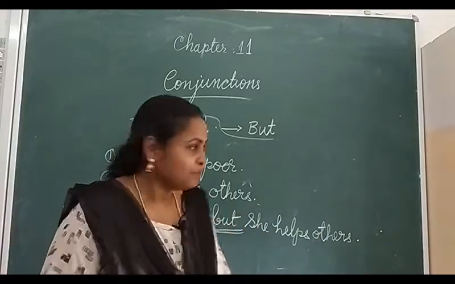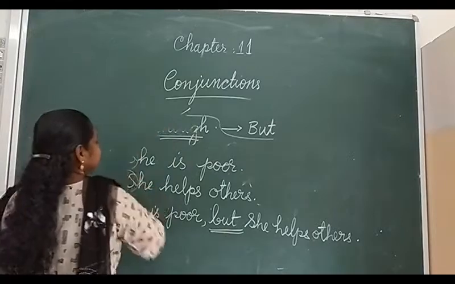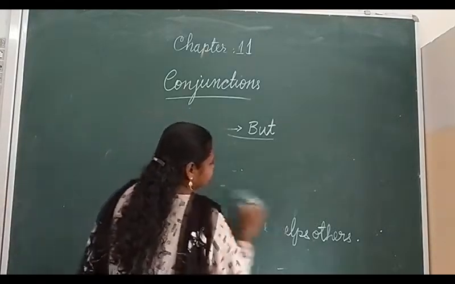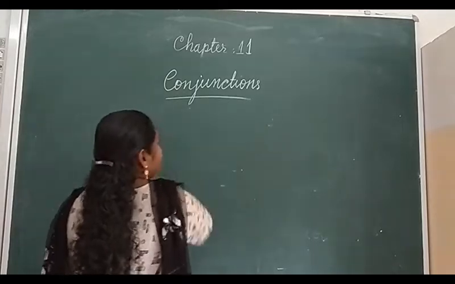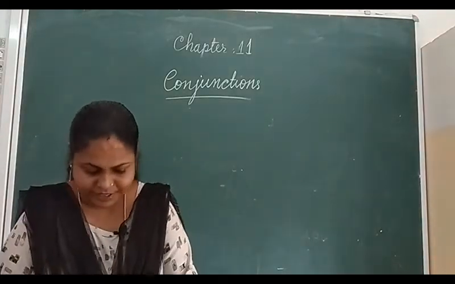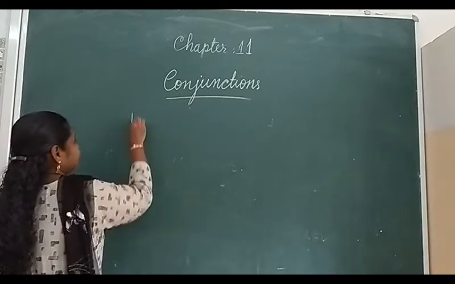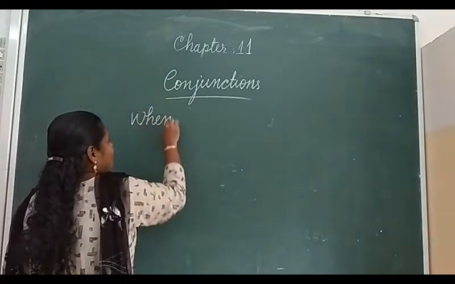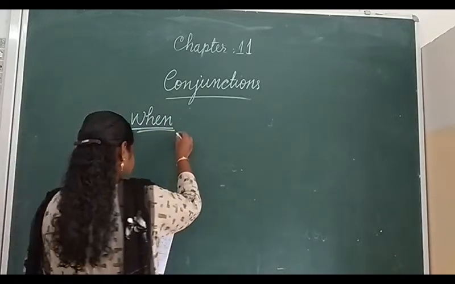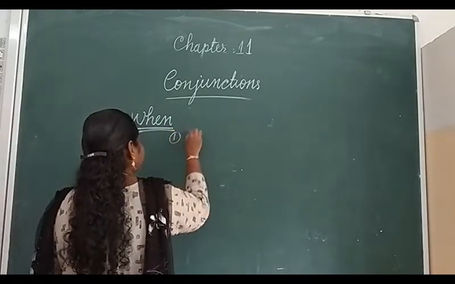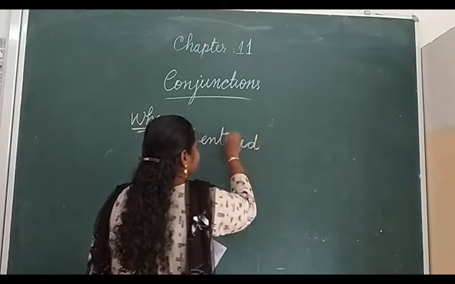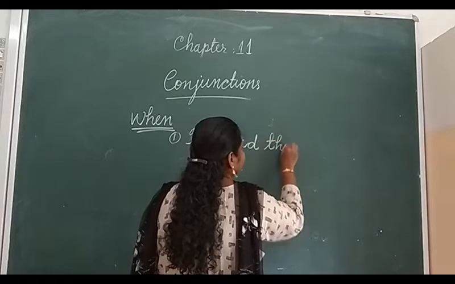Now that's over. Now let's go to the next conjunction that we use in the beginning of the sentence. Next conjunction that we use in the beginning of the sentence is this one, when. Okay, first sentence we can write here: I entered the room.